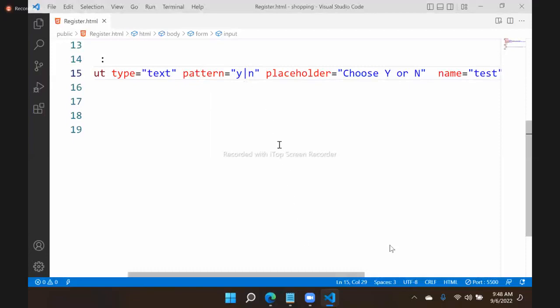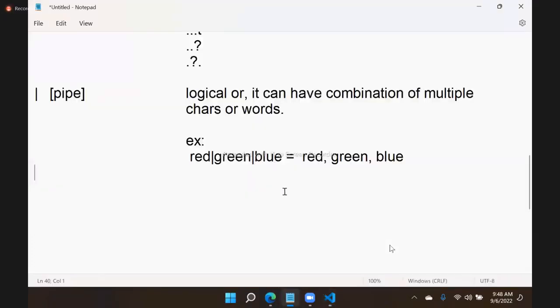Many times we do this actually. For example, for characters, I am saying suppose y or n. That means it will allow both y and n. Sometimes we write like this. Suppose you see, I wrote dot o dot. That means suppose I write cow.